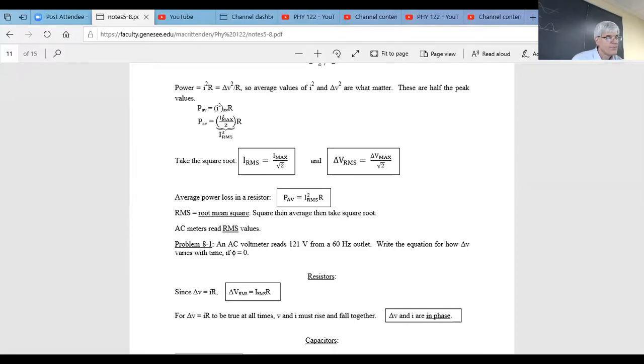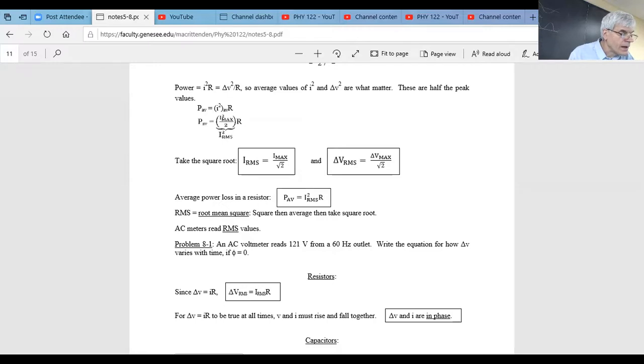So when you read 1 amp or 120 volts off of a meter, keep in mind that that's not the maximum. Ordinary household outlet, 120 volts. As the voltage varies back and forth, it's going between about plus 170 and minus 170. It's that square root of 2 thing again.